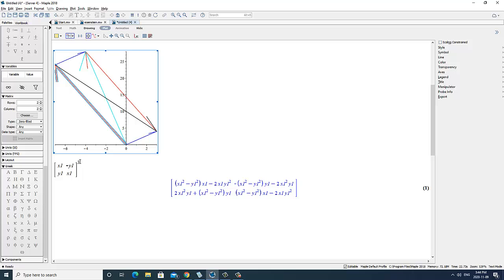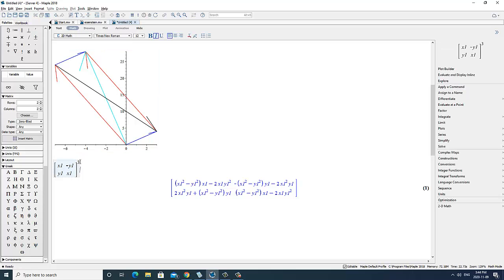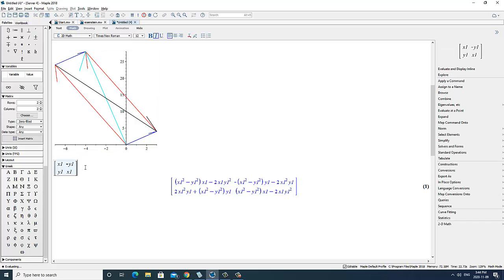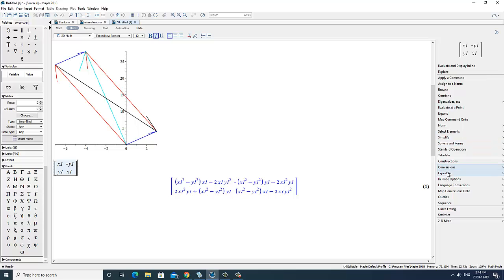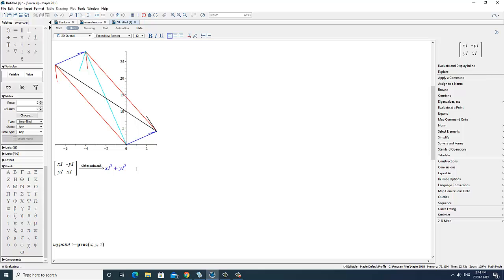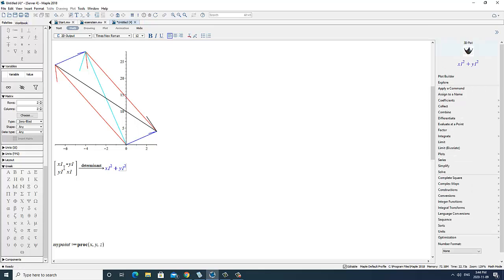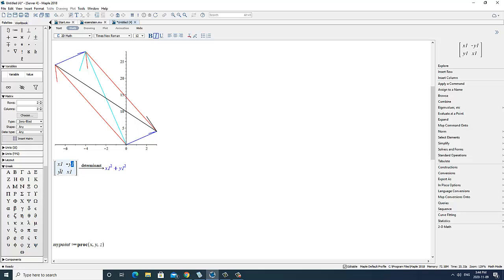So to do the area, we need to get the determinant. Alright, so we want the determinant between x1, y1 and x0 and y0.